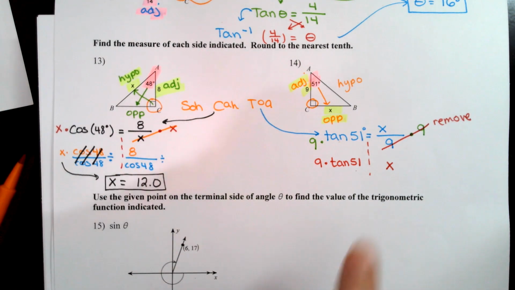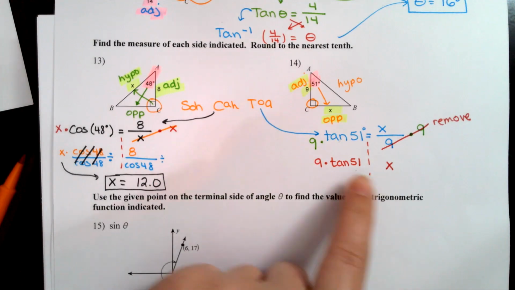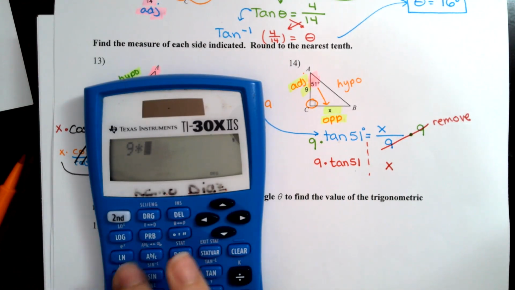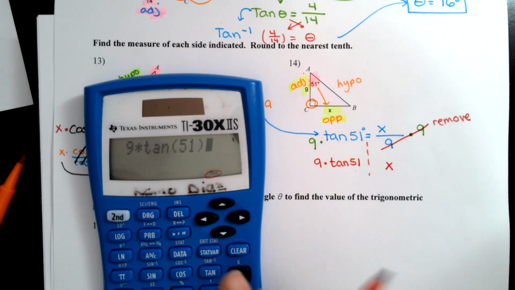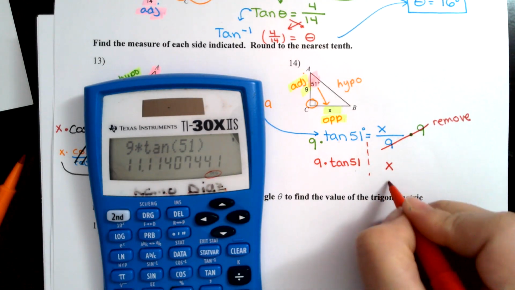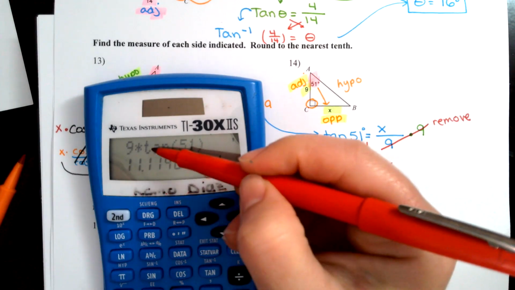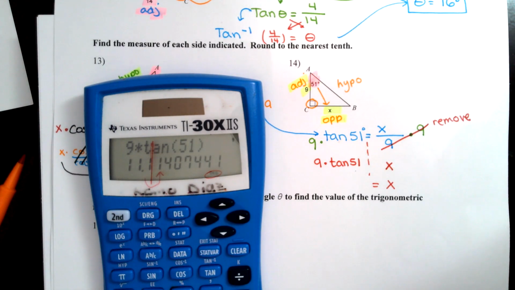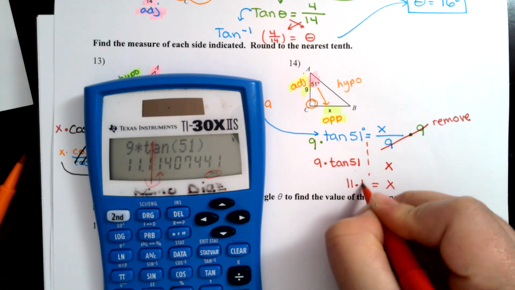You had an extra step. Here, the unknown was in the numerator, so you just type that in. So we have 9 times tangent 51. Make sure your calculator's in degree mode. And we get x is equal to, we're rounding to the nearest tenth. So here's the 10. We're looking at the number behind it. It is 1. So that means we're going to keep it at 11.1.